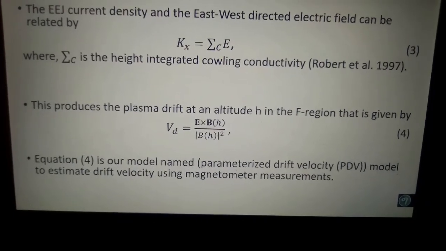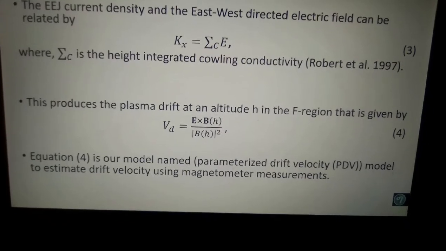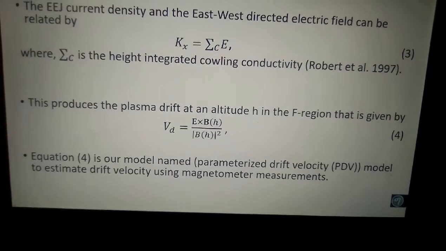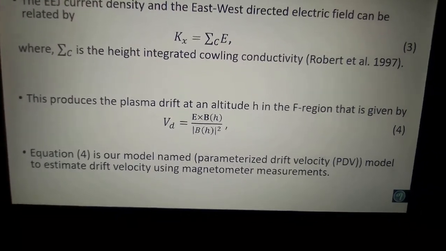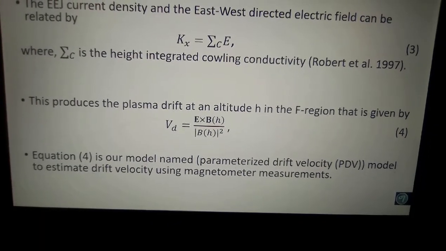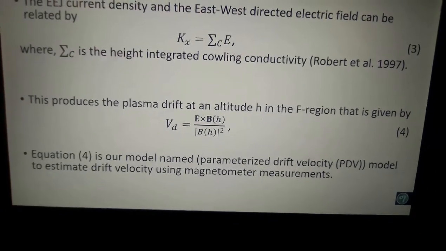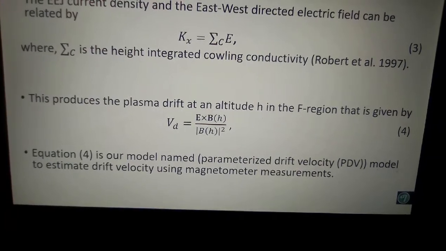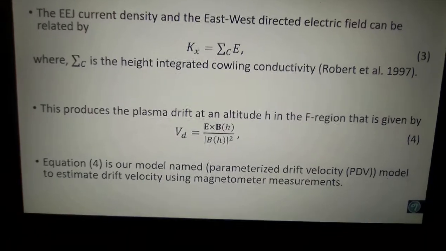This produces the plasma drift at an altitude h in the F region due to mapping, since the electric field can map through the equipotential field lines. Therefore, we have equation 4, which is our final model, a physics-based parameterized drift velocity model, or simply the parameterized drift velocity model in our case, to estimate drift velocity using magnetometer observations.